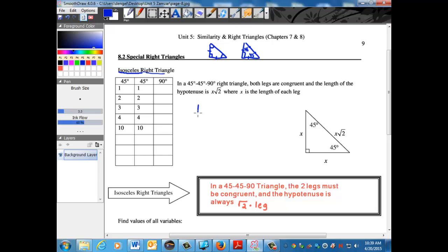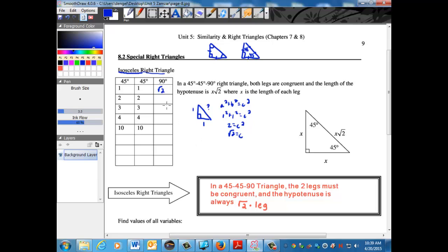Meaning, if I were to draw out a 1 by 1 isosceles right triangle, the legs are 1 and 1, and the hypotenuse is unknown. From a squared plus b squared equals c squared, I could solve for this unknown length. We get 1 squared plus 1 squared equals c squared, 2 is equal to c squared, rad 2 is equal to c.